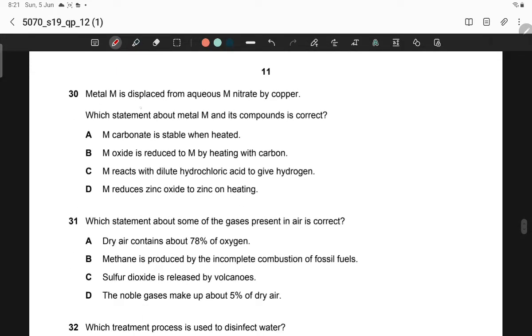Question number 30. Metal M is deposited from aqueous M nitrate by copper. Which statement about metal M and its compound is correct? M carbonate is stable when heated. M oxide is reduced to M by heating with carbon. This is correct.